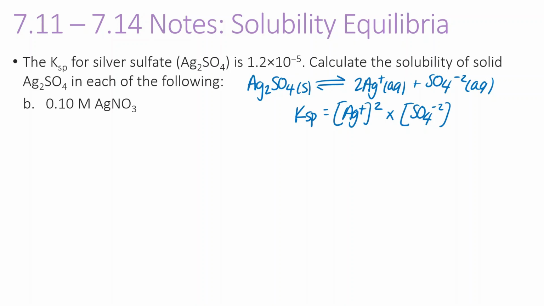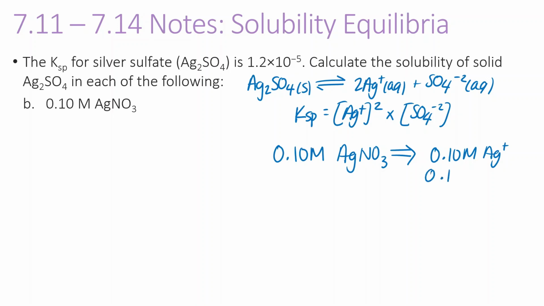Okay, now we are making this solution in some 0.1 molar AgNO3. So if I have 0.10 molar AgNO3, when that dissociates, it's going to give me 0.10 molar Ag and 0.10 molar NO3.